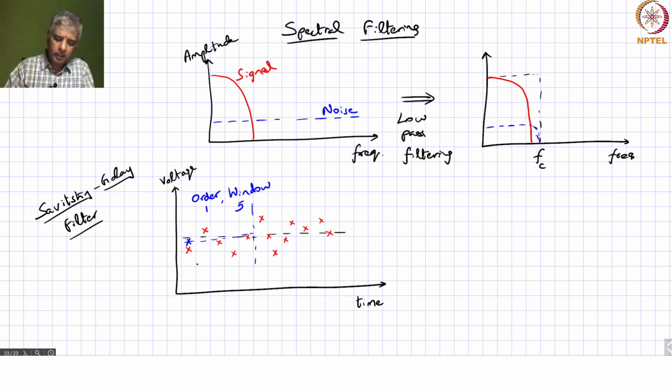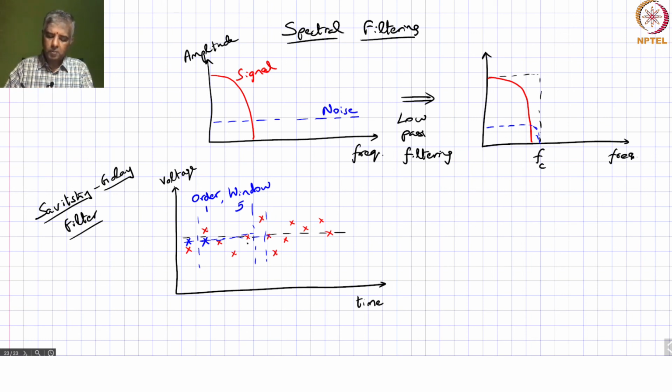Similarly, just the same way we did in run length averaging, it goes on to the next sample. It takes the next 5 samples over here, and then it does one more fit across this. So this fit might look something like this, and correspondingly the point that you get is replaced by this.